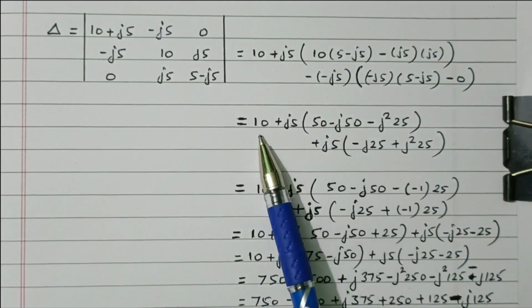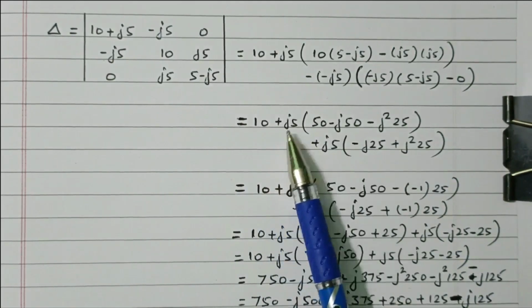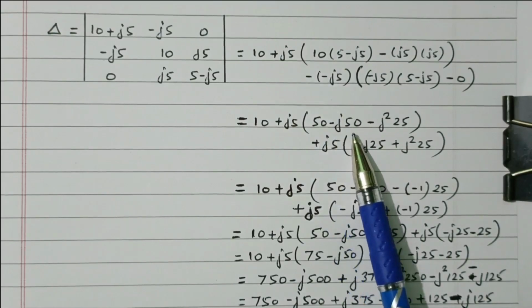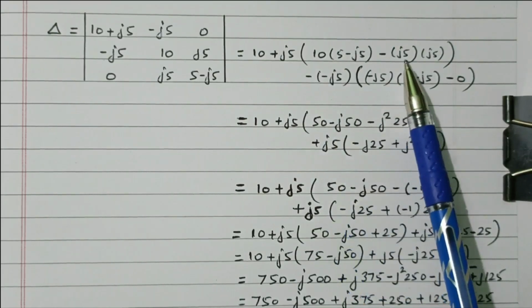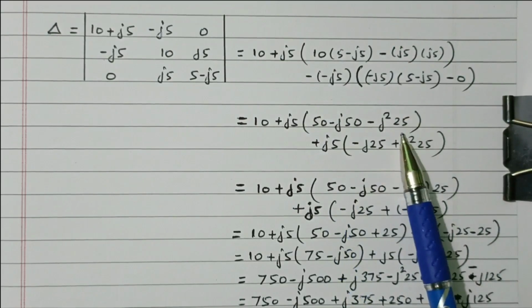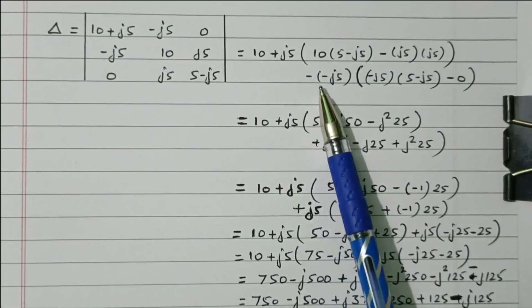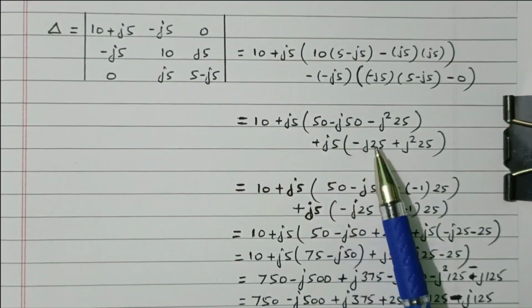Now we will go for further simplification. (10 + j5), this 10 is multiplied inside. So 50 - j50. Here -j5 into j5, so the j square 25, 5 into 5, 25. Then these two minuses are there, here also minus, it becomes plus.